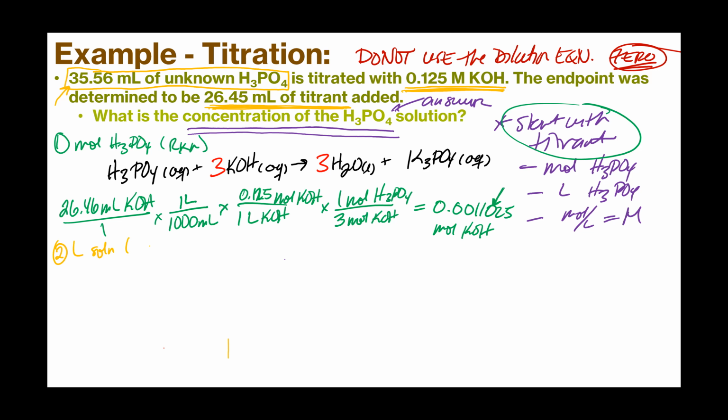This is the unknown sample's volume, so we're starting with 35.56 milliliters. Again, we don't have to show the formula in our calculation because we're not changing what we're doing. Also make sure you're not using the same concentration for both steps, because you're going to end up going in a circle and it's not going to work.